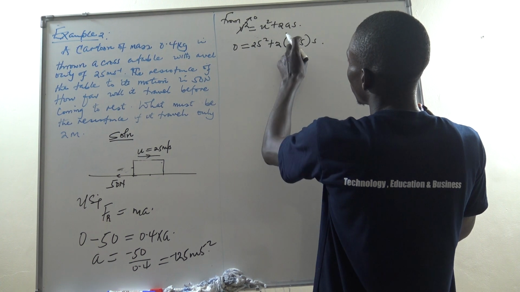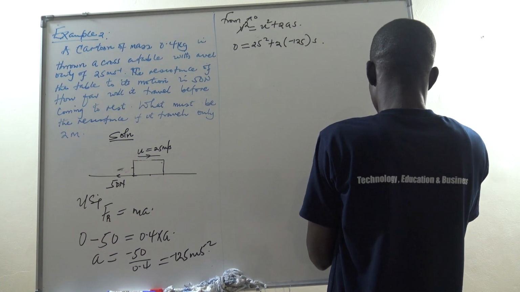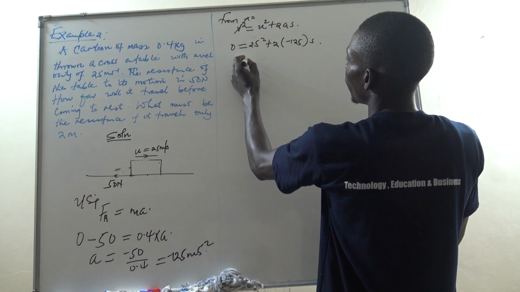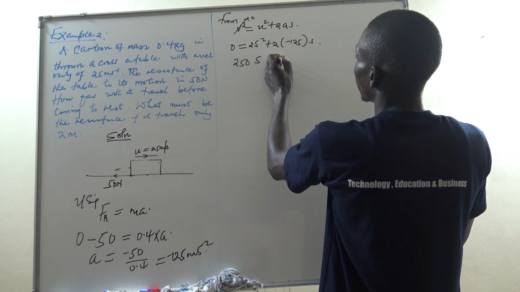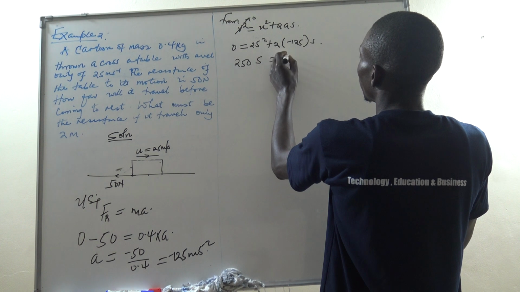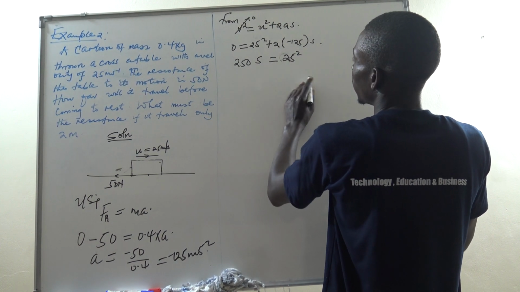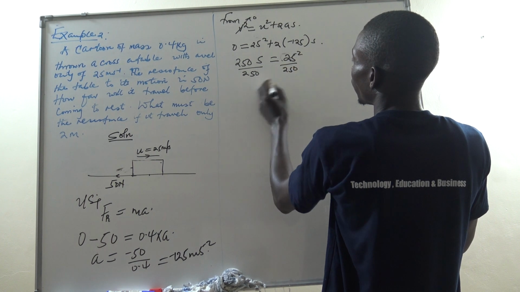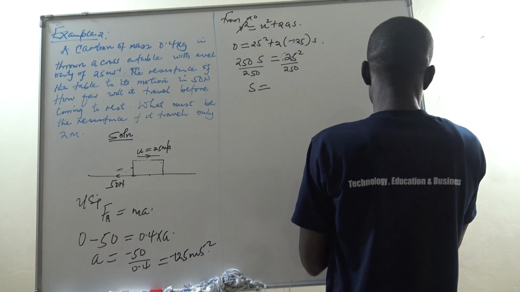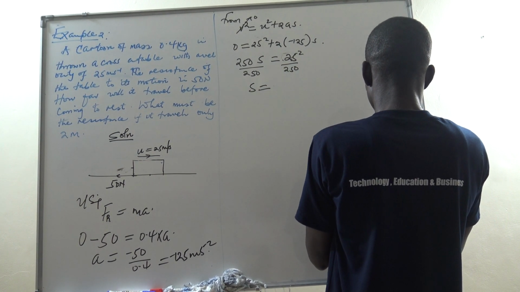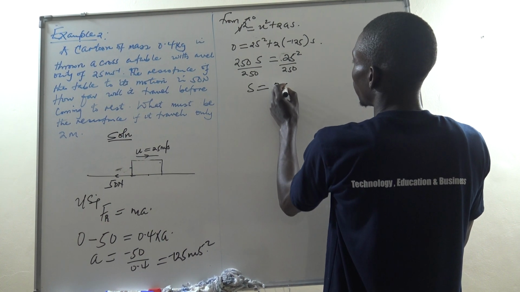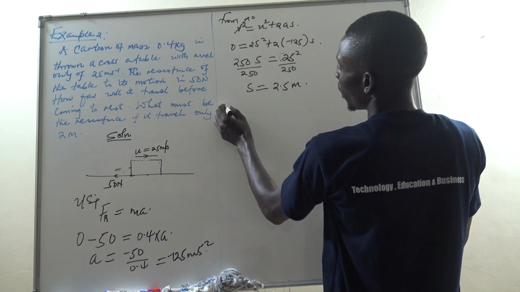That means this can now be 250, isn't it? Times 2. So that means 250 s equals 25 squared. Therefore, divide by 250 and my s is equal to 2.5 meters.